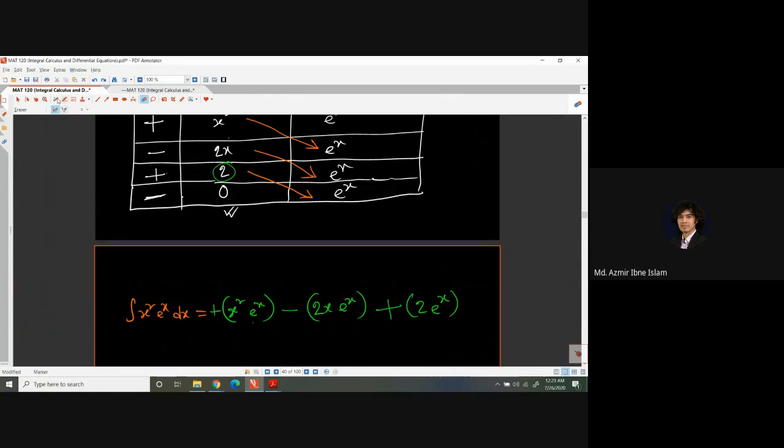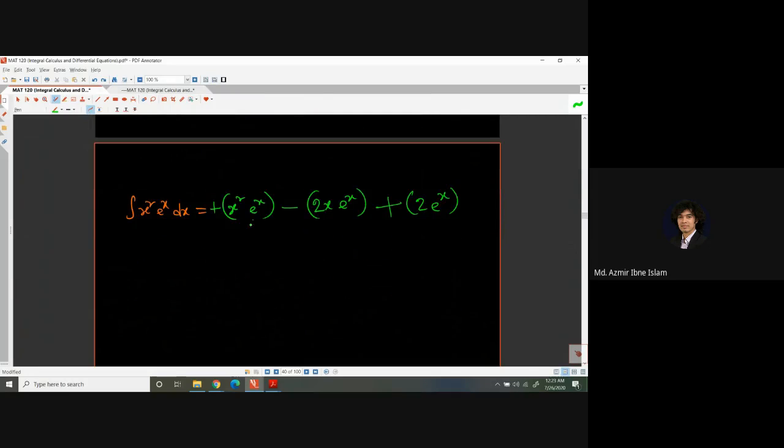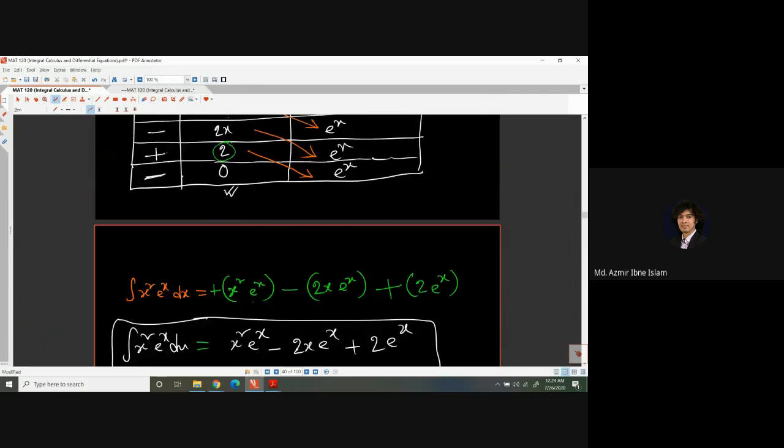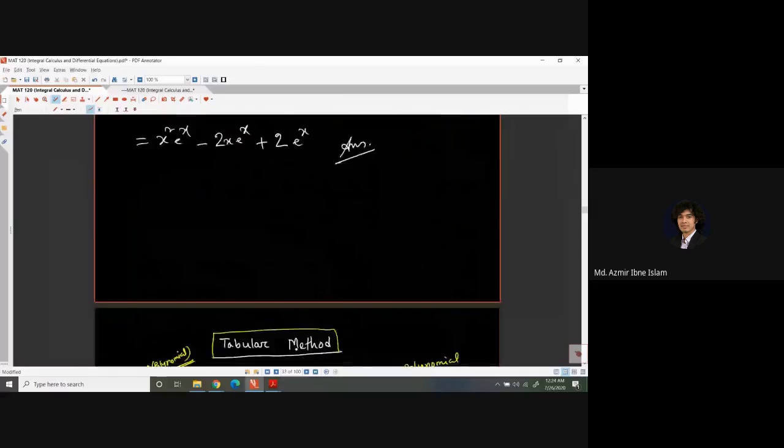Okay, so finally we have the result in our hand, that is x squared e to the power x minus 2x e to the power x plus 2 e to the power x. So integration of x squared e to the power x dx is this one. And let's verify. You will get the same result here.